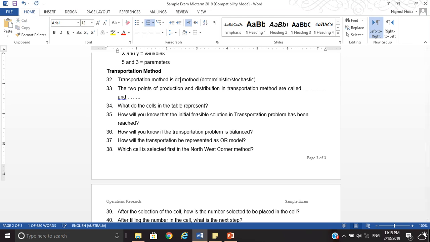Transportation method is a deterministic method. The 2 points of production and distribution, technically we call either source or origin, and destination.